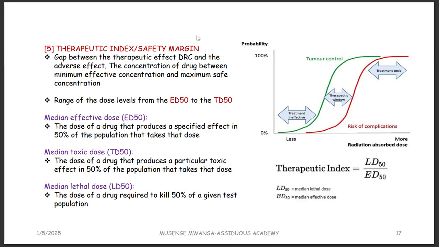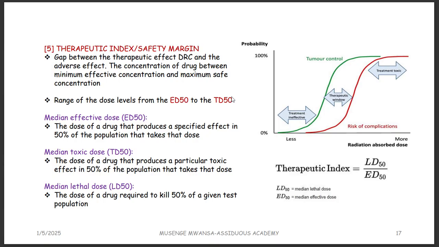Another thing that we have is known as the therapeutic index, also known as the safety margin. So how do we define the safety margin? Safety margin is a gap between the therapeutic effect and the adverse effect, or the concentration of drug between minimum effective concentration and the maximum safe concentration.